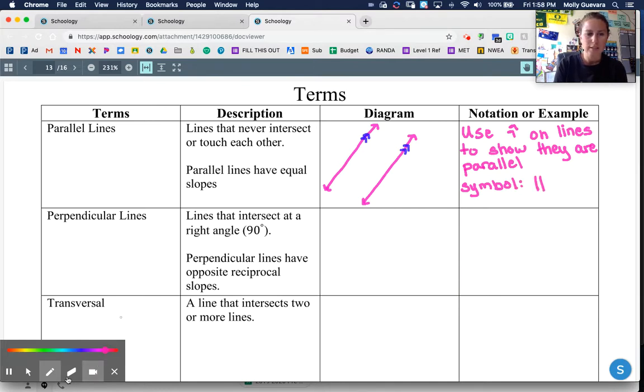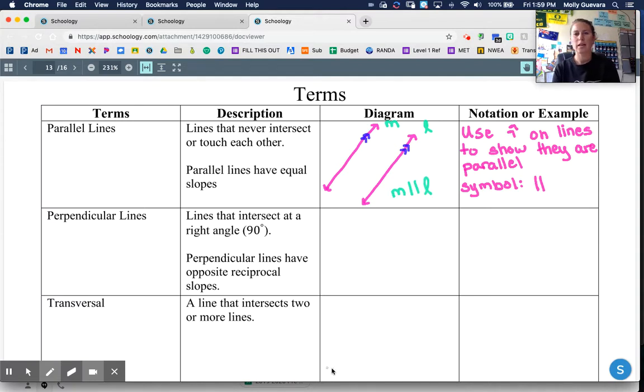So if this line, I'm going to get another color going here. If this line was line M and this line was line L, I could say that M is parallel to L. So that's how we would write it, right? M and then our 2 lines parallel, and then L is this line. So hopefully that's all good.